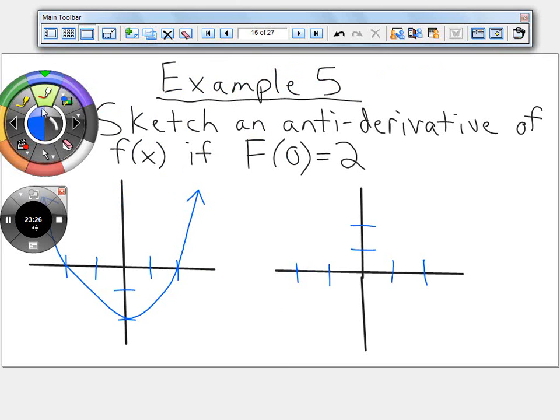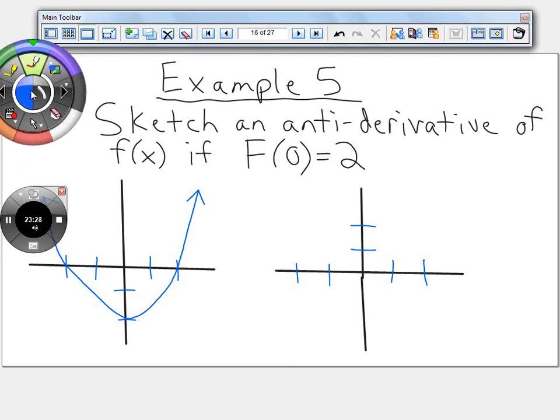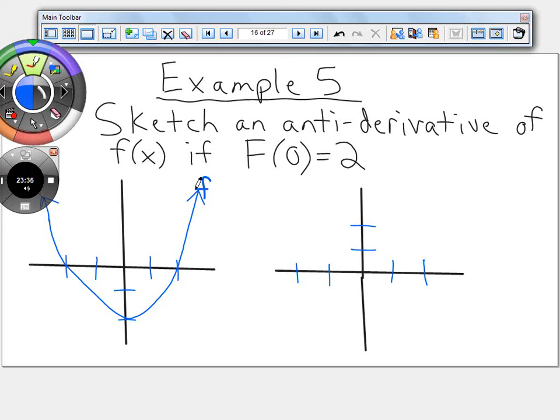All right, sketch the antiderivative. So here's a problem, and this is f of x right here, and they're wanting us to see if we could sketch the antiderivative. Well, again, this is really working backwards. So the way I do this is I typically start with the point that they give us. Sometimes they'll give us that point, and so I'll go ahead and plot that point. So 0, 2. Okay.